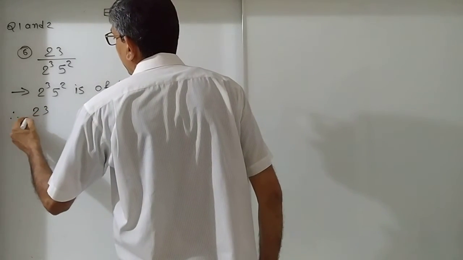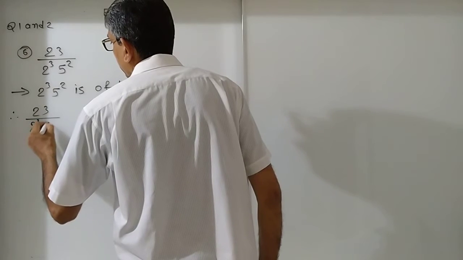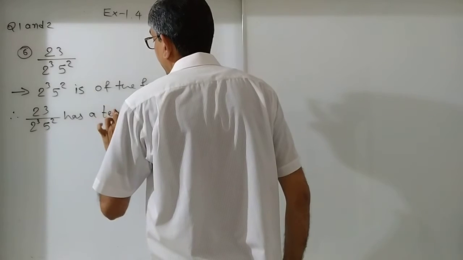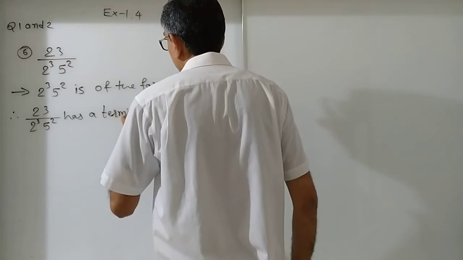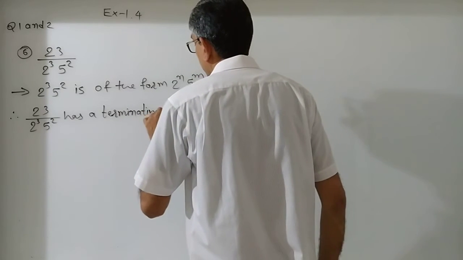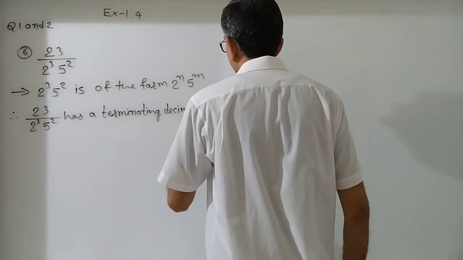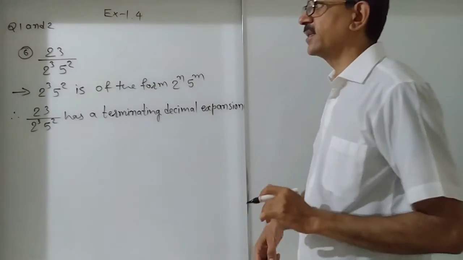Therefore, 23 upon 2 cube 5 square has a terminating decimal expansion.